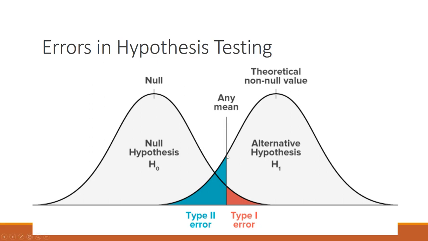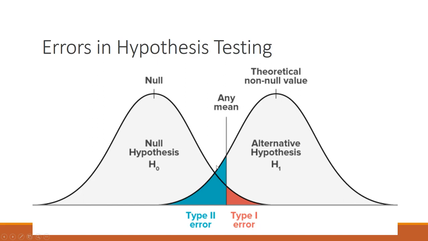In this example, if we find a mean value that's to the left of this cutoff, we will fail to reject the null. We will say that we have evidence to suggest that the null is true. But if the alternative hypothesis is true and the null hypothesis is false, we will be committing a type 2 error.